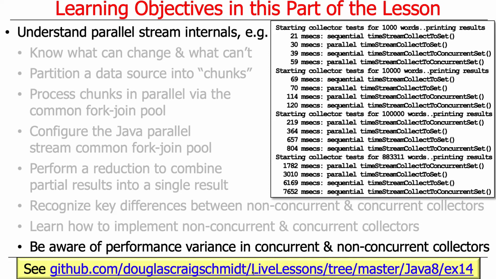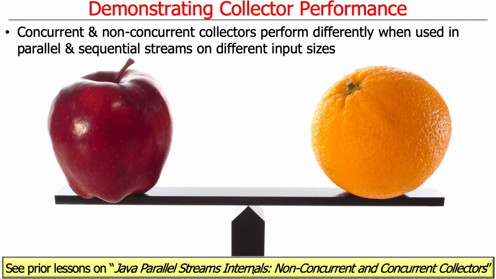Once again, you can find this in the EX14 folder, and we'll look at the source code in a second. As with split iterators, concurrent and non-concurrent collectors perform differently when used in parallel and sequential streams on different input sizes for different data types.